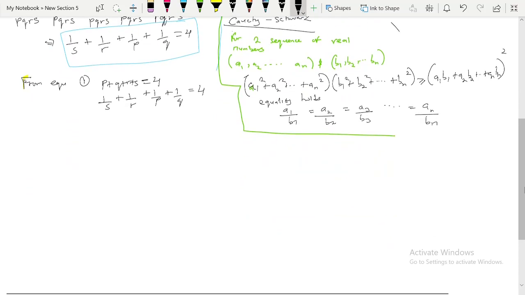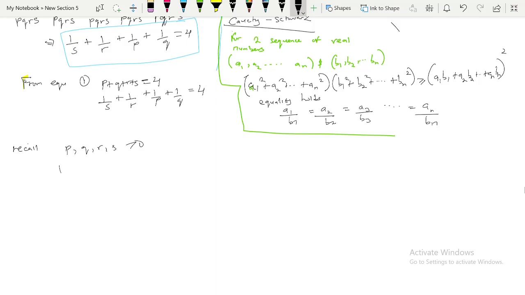So you recall that P, Q, R, S are positive, greater than 0, right? That means root P, root Q, root R, and root S actually exist. They are also real numbers. So suppose we say A1 is equal to root P, A2 is root Q, A3 is root R, and A4 is root S, right?